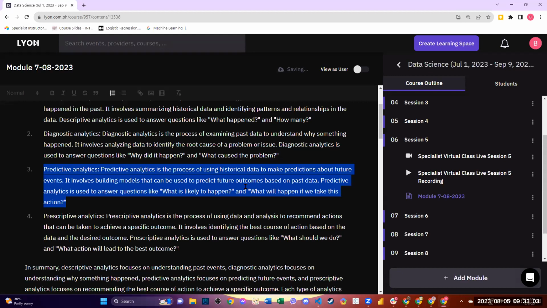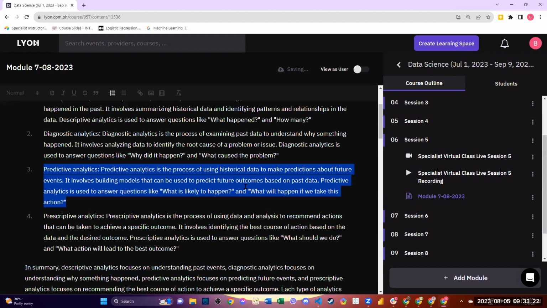Let's say the use case for predictive analytics is we want to project our sales for next month. Based on our historical data, we want to predict our sales for next month. What can be our sales for this month?